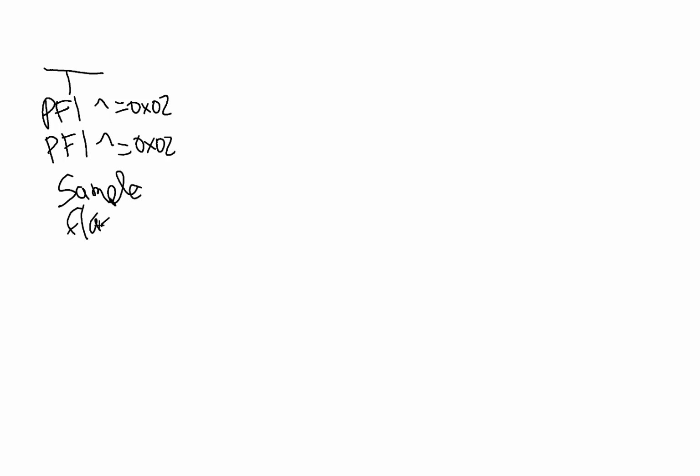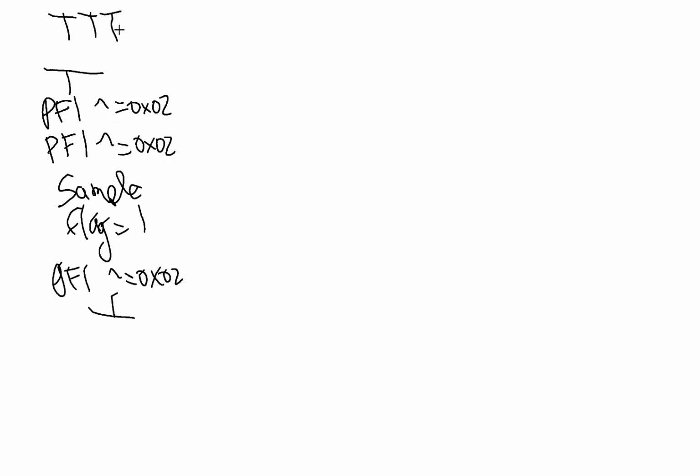So my interrupt service routine toggled PF1, toggled PF1, sampled the A to D converter, set the flag, and then toggled it a third time. This is called a triple toggle debugging technique. Okay. Triple toggle technique. All right.